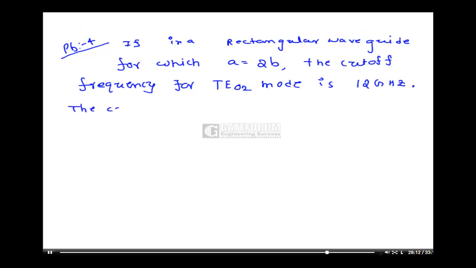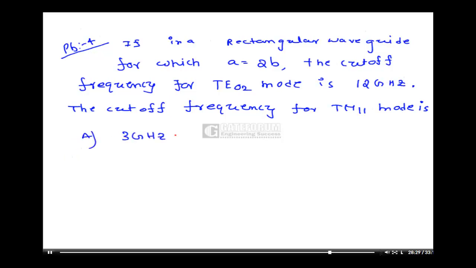The cutoff frequency for TM11 mode is: option A 3 GHz, option B 3 into root 5 GHz, option C 12 GHz, option D 6 root 5 GHz. So this is another kind of problem.